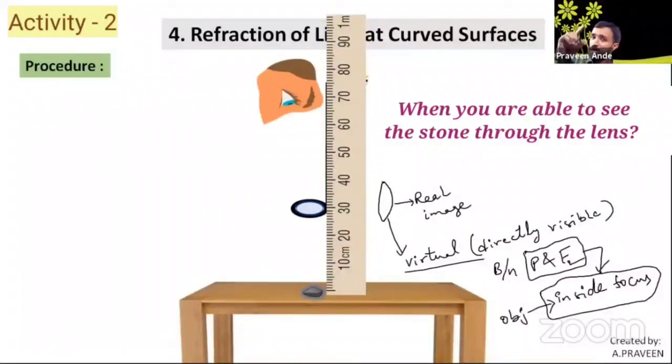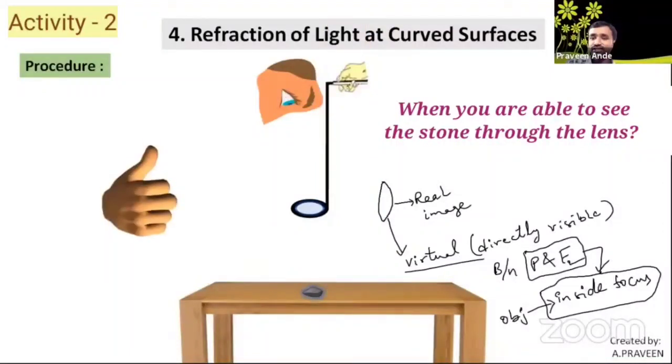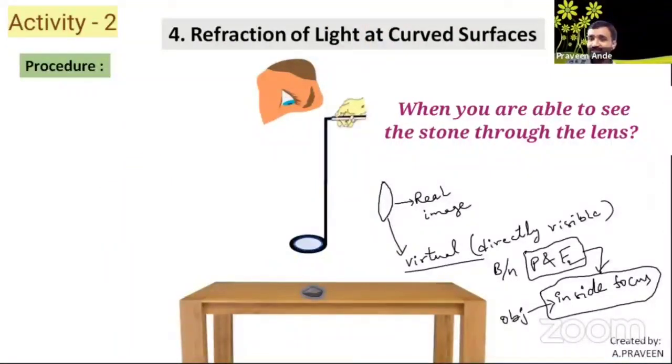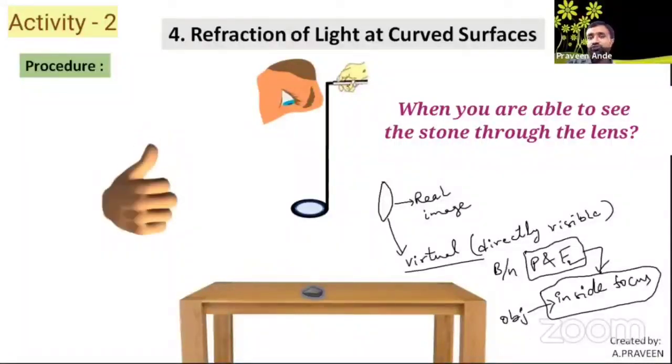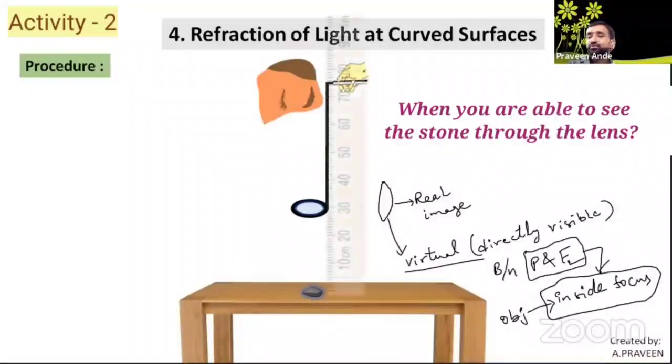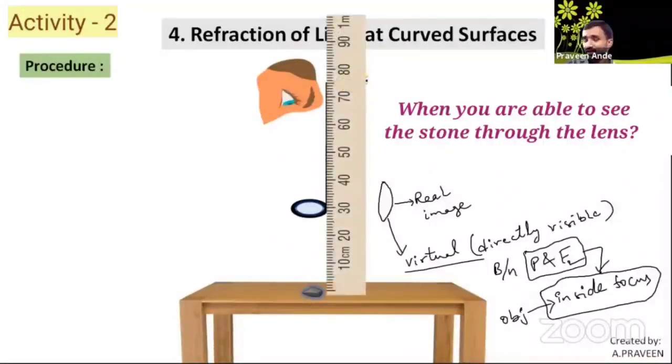If that object is inside 30 centimeters also, he is able to see. See here, it is inside. At that place also he is able to see it. If it is moved away up to 30 centimeters, he is able to see it. What happens if you move it more than 30 centimeters? Note that as it is the focal length, f equals 30 centimeters.